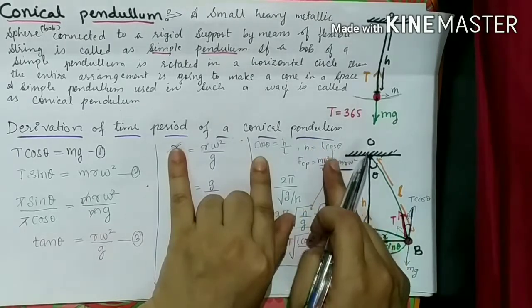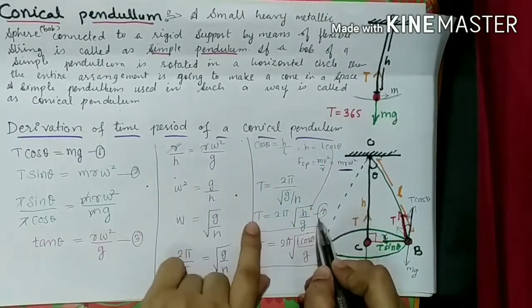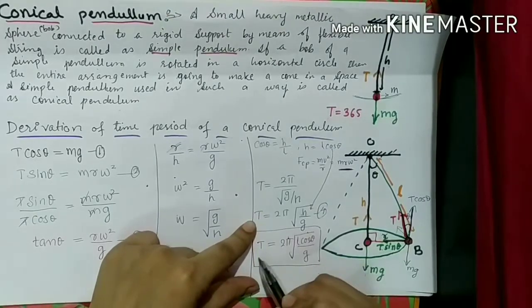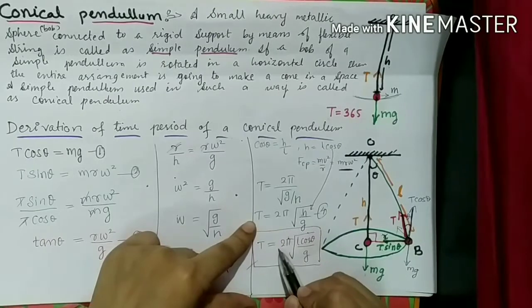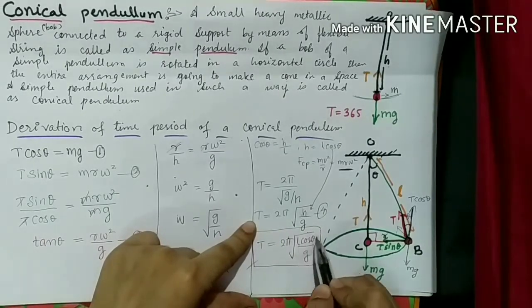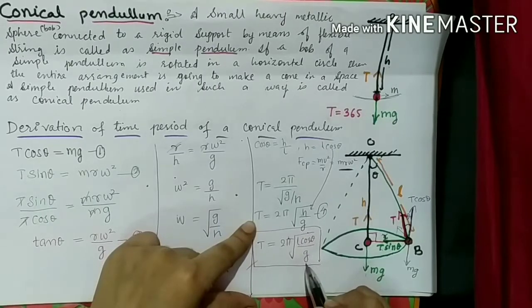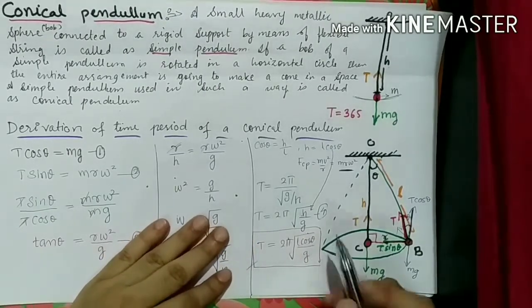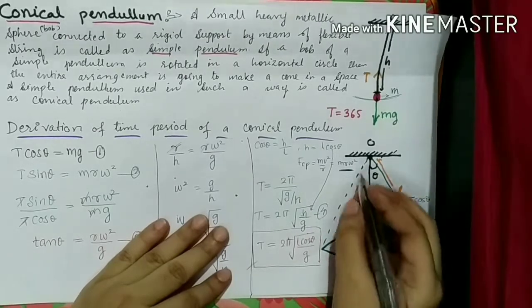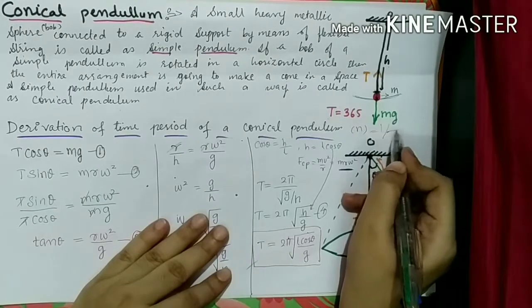Substitute the value of h as L cos theta in this equation 4. You will get the final expression for the time period T is 2 pi square root of L cos theta divided by g. Similarly, the formula for the frequency n is the reciprocal of the time period.